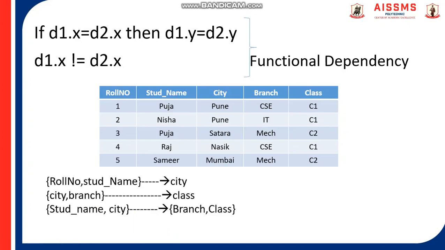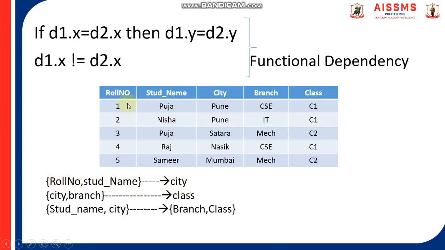Okay, second example, a similar example, but here I have taken two or more attributes. See the first example: roll number and stud name combined. Combined means this is x, so x arrow y, where roll number and name are the value of x, and city is the y attribute.